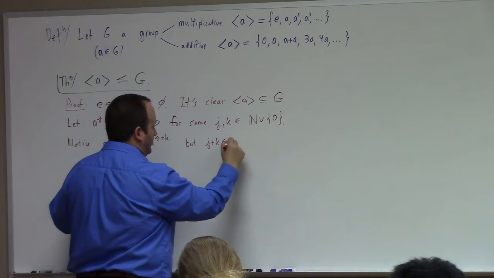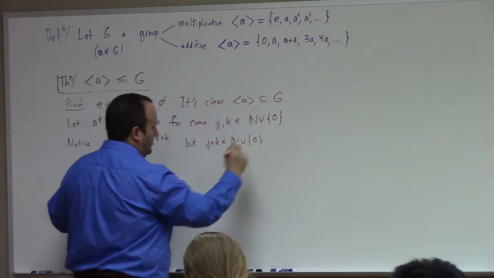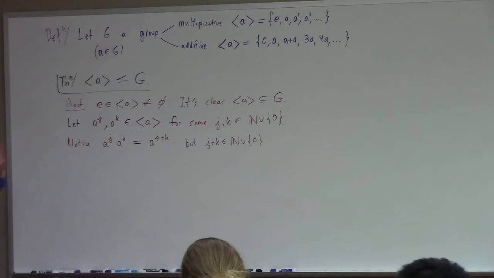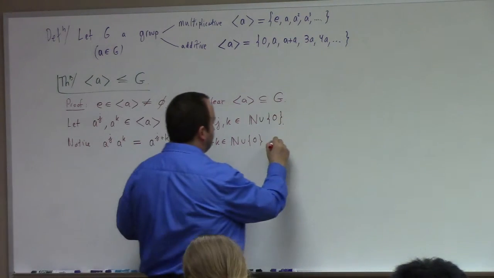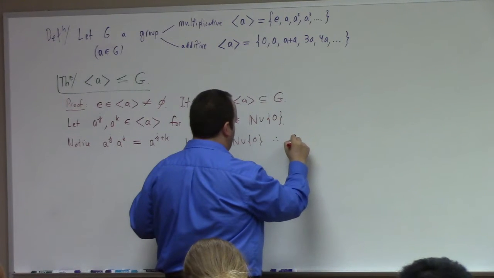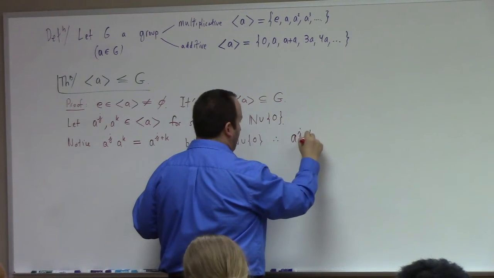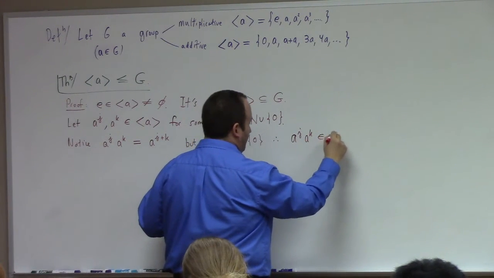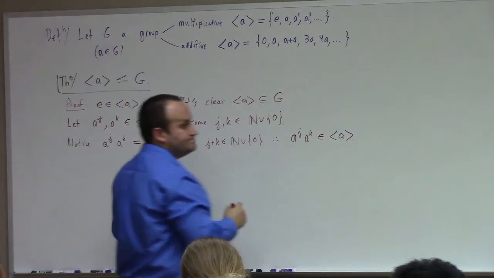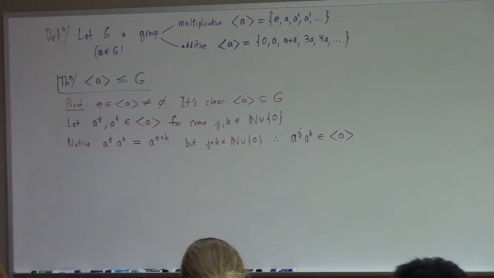I mean, excuse me, it's a natural number, or 0, right? It could be that both J and K is 0. This could be the identity times the identity, for instance. And so thus, A to the J times A to the K is again an element of the cyclic subgroup generated by A. So apparently the cyclic subgroup generated by A is closed under multiplication.